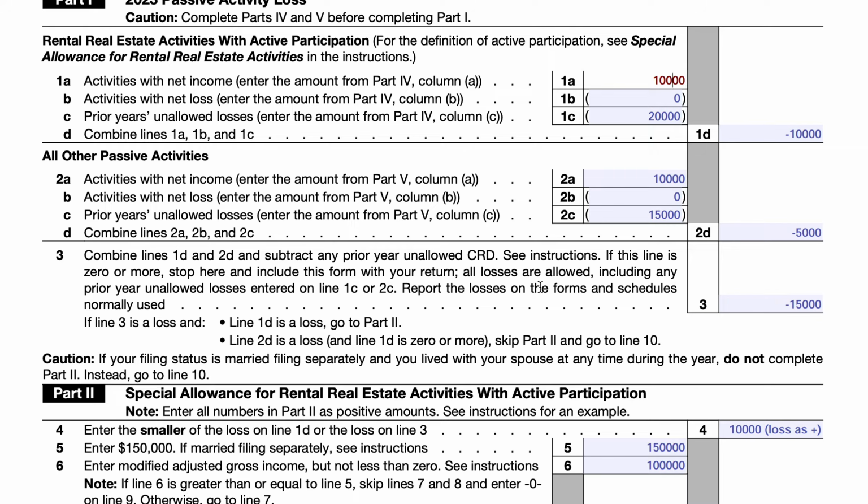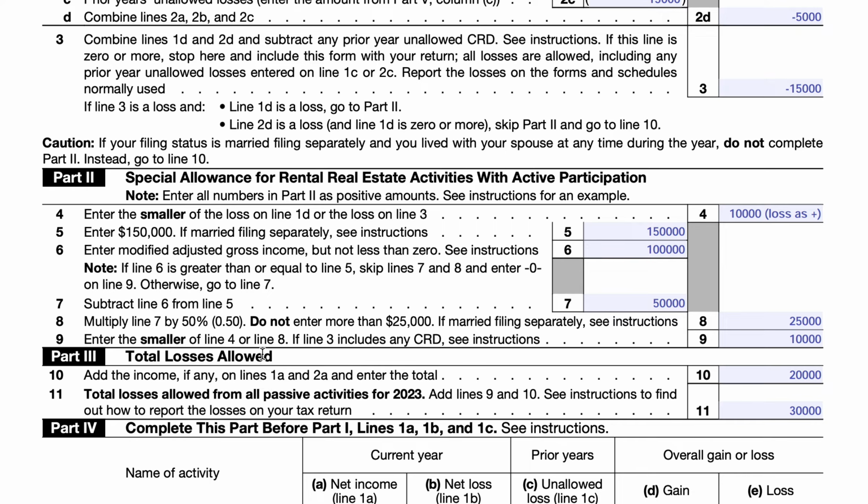In this case, line 1D is a loss and line 3 is a loss, so we're going to go to part 2. Now, if line 1D was a gain or there was no line 1D, then you would skip part 2 and go basically to part 3.